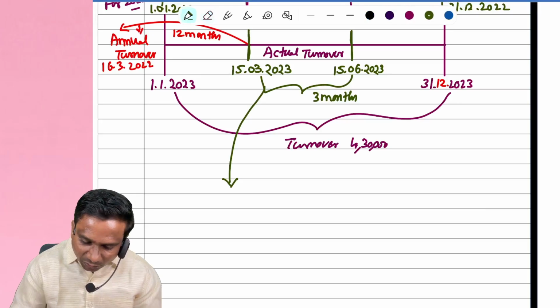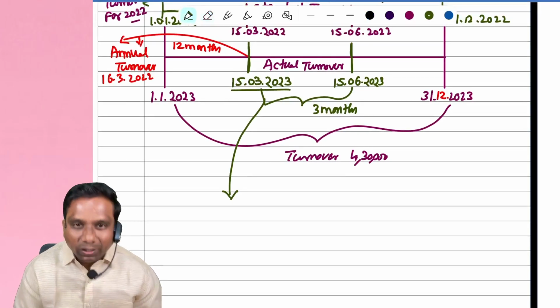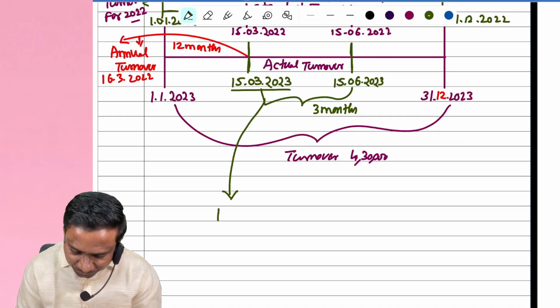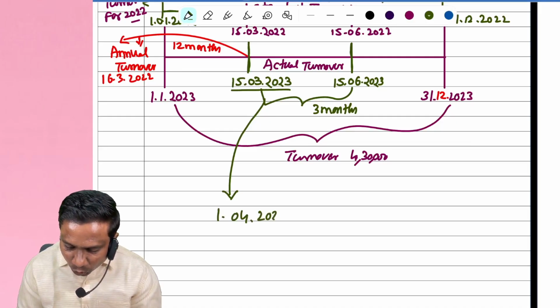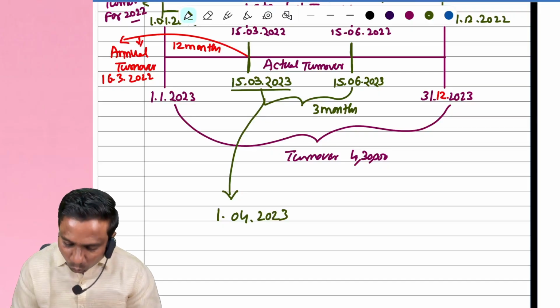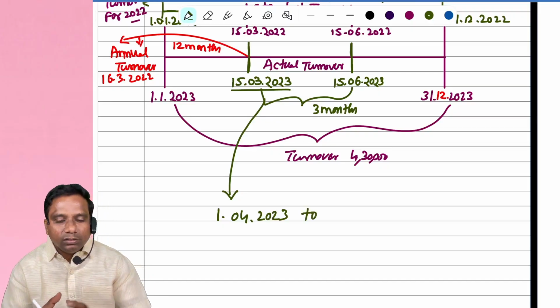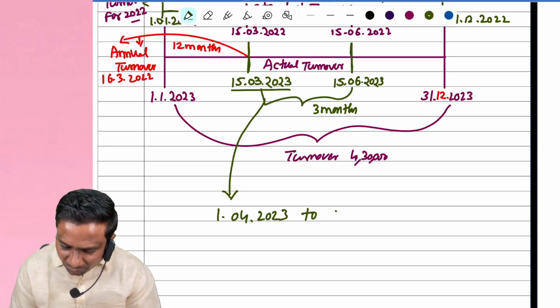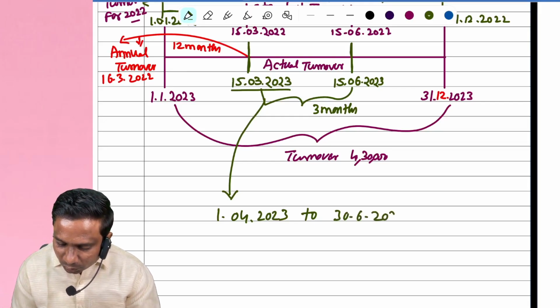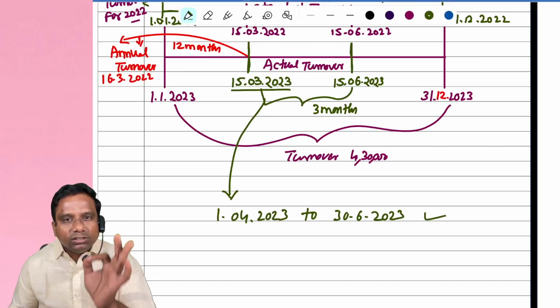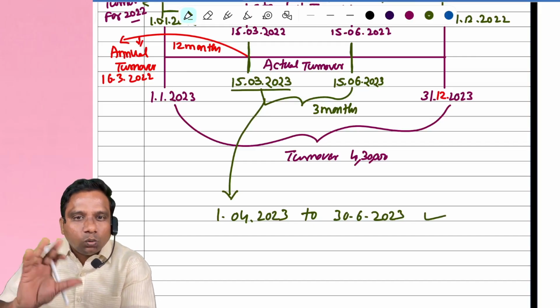Quarterly information they have given now. See, after 15/3/2023, what is the quarter starting? 1st April 2023 to the next quarter ending, April, May, June. June means 30th June 2023. I will take this quarter's sales first.